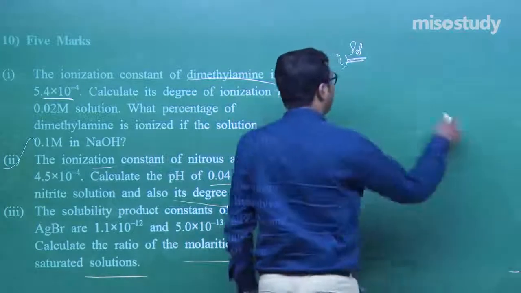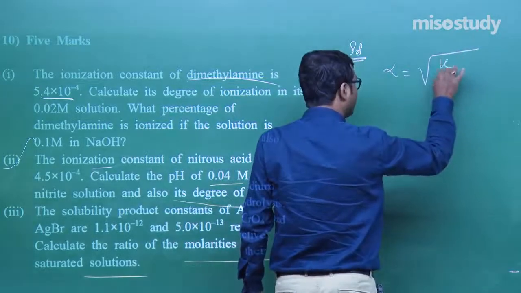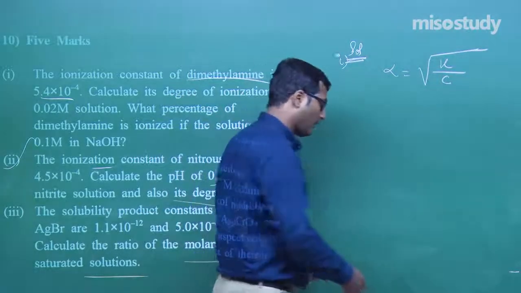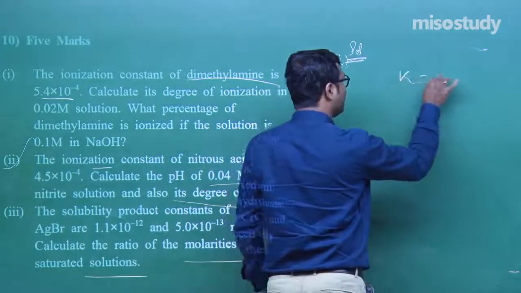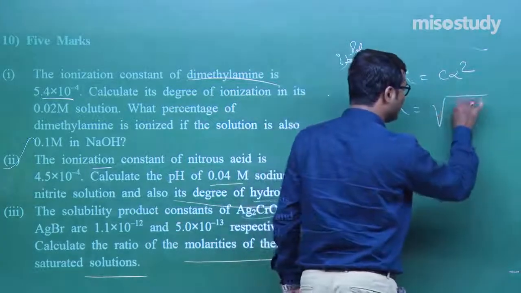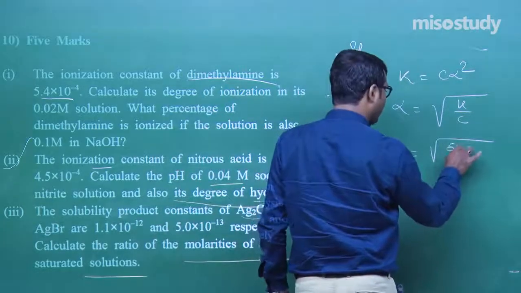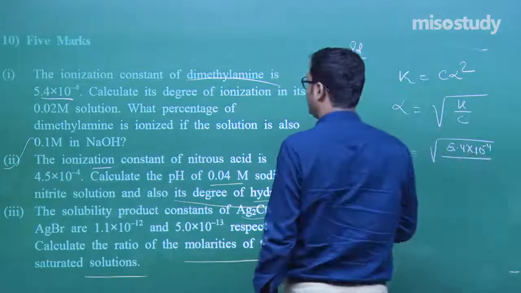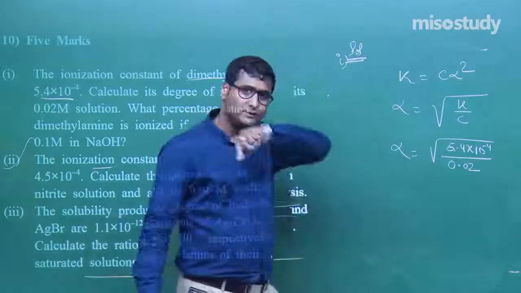As we know, alpha is equal to root under K upon C, because K is equal to C alpha squared. What is K given? K is 5.4 × 10^-4, and C is 0.02. It's so simple, my friend.